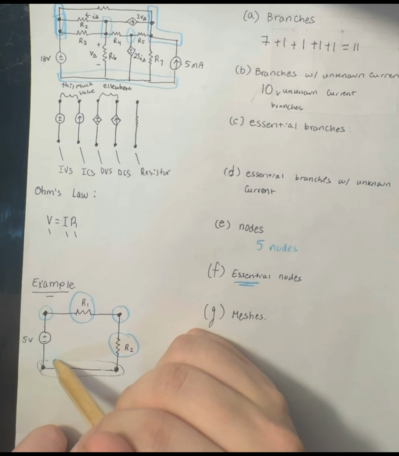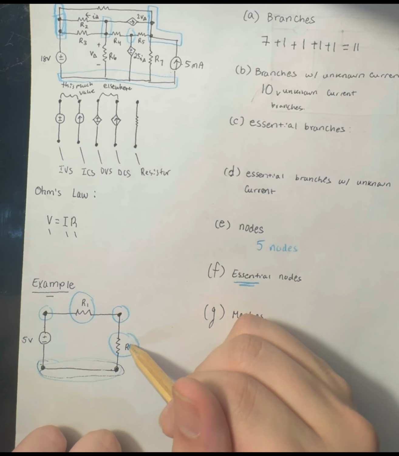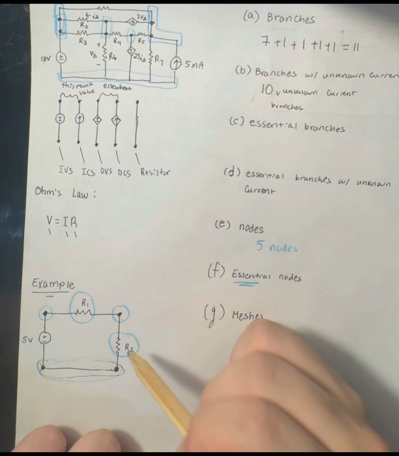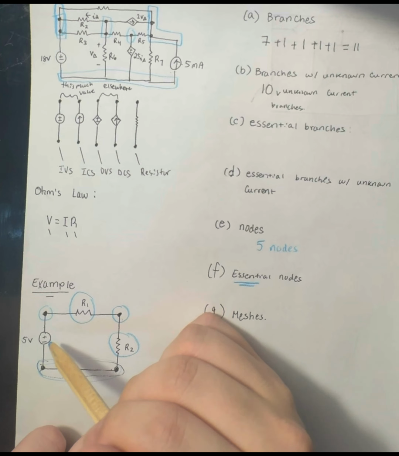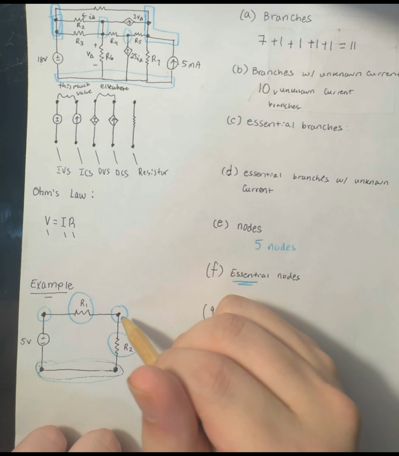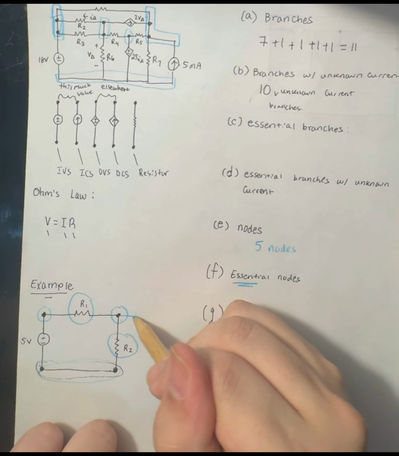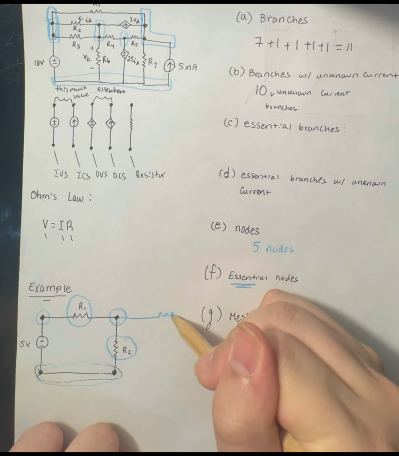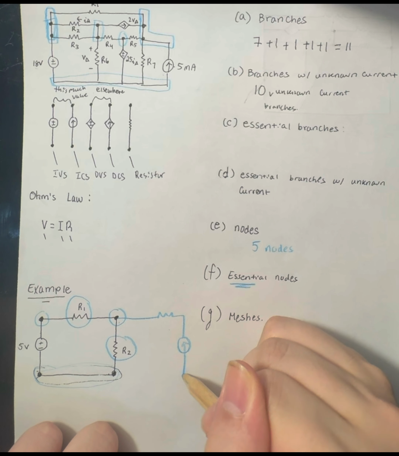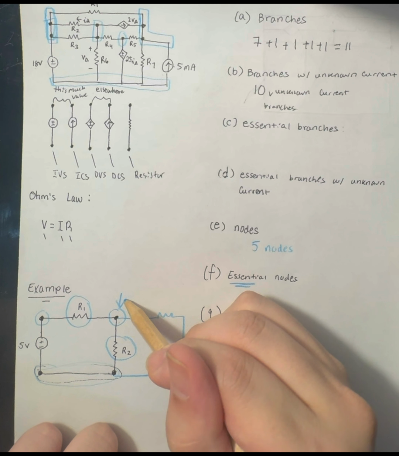What about the node down here? Is this an essential node? No, because it only separates the R2 and the 5 volt independent source. Hypothetically, we can extend this circuit. We can add another resistor here, or another current source.